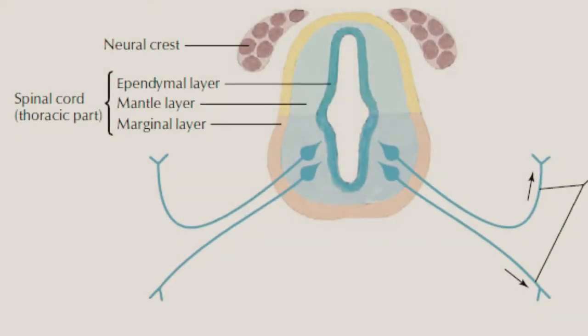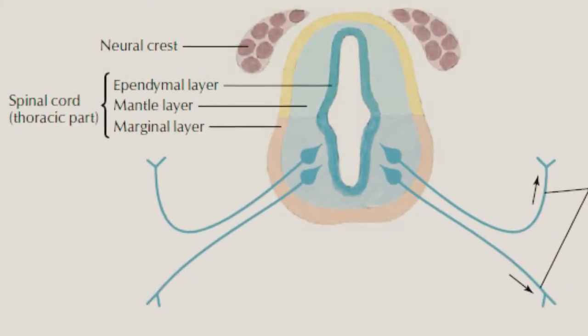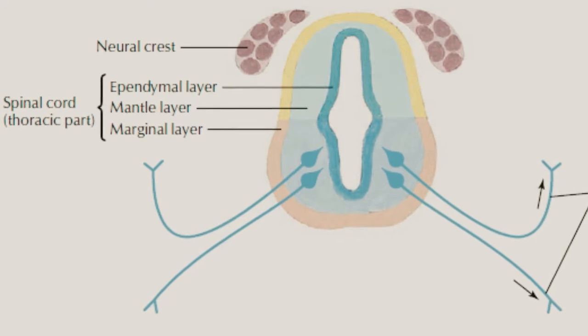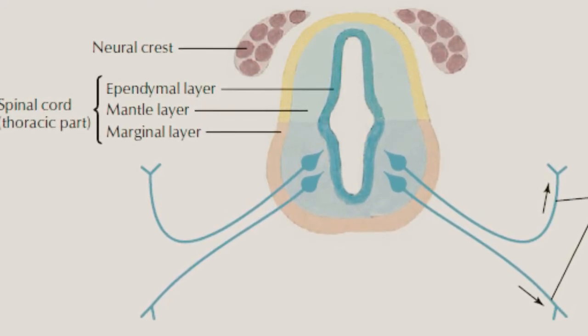Now, to develop the posterior root of the spinal nerve, in the process of development, we talked of the neurofolds. So on either side along the neurofolds in the entire length of the neural plate, we have another group of cells, also of ectodermal origin, which are called the neural crest cells. The neural crest cells also come and aggregate on either side of the developing neural plate on the neurofold.